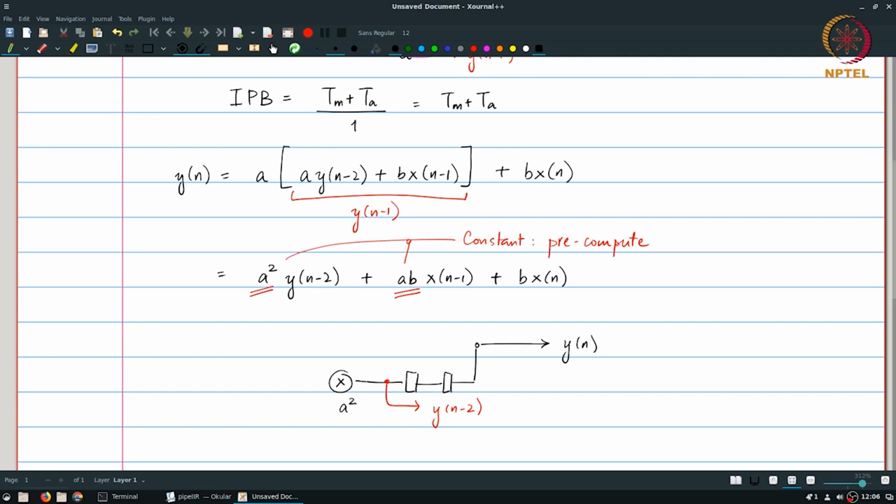I don't multiply twice by a into a. And now I would need to add it. And what do I add to this? The value x of n into b plus x of n minus 1 into ab.